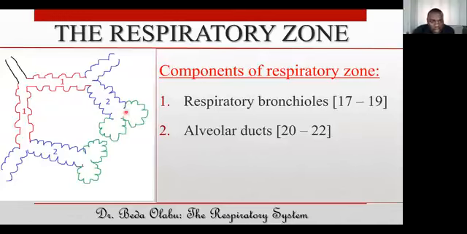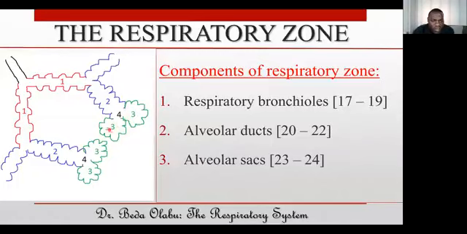The alveolar ducts terminate into blind ending sacs, which look like that. They balloon out and they end like that. We call them alveolar sacs, which extend from the 23rd to the 24th generation of airway division. Multiple alveolar sacs meet at some regions, and these regions are known as alveolar antra.